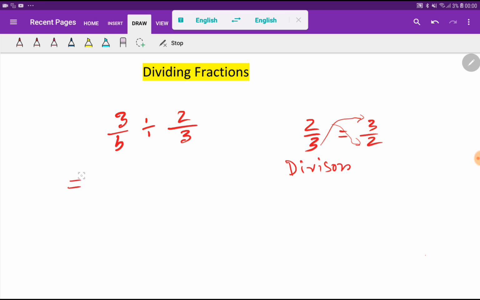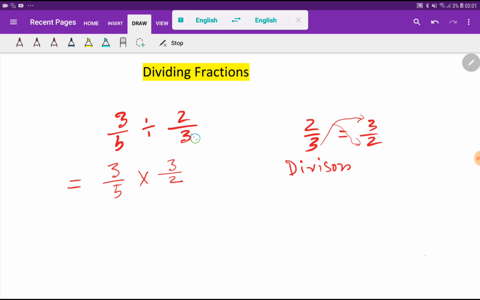Okay. To divide 3 by 5 by 2 by 3, we just need to change this division sign to multiplication, and then we have to take the reciprocal fraction of 2 by 3. The reciprocal fraction of 2 by 3 is 3 by 2.